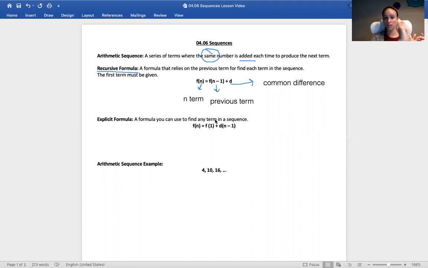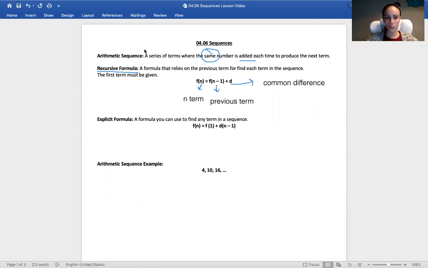So you would have to keep adding 100 times if you wanted to find the 100th term. Where if you use the explicit formula, when we get to that example in a moment, you can just substitute and solve. So the explicit formula is the one that is the most common, and it's used more often due to its ease.